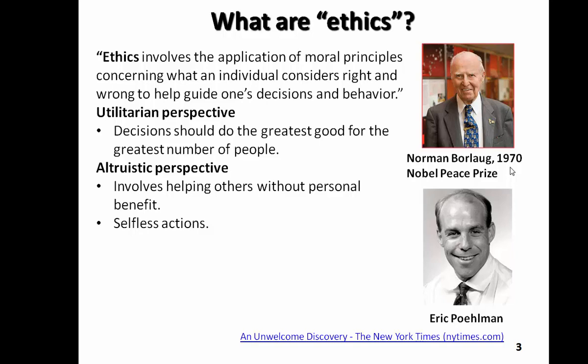So Dr. Borlaug applied a utilitarian perspective, and instead of waiting for patents to be filed and keeping the discovery to a very small company, he decided to basically give it away, and in a sense acted selflessly.